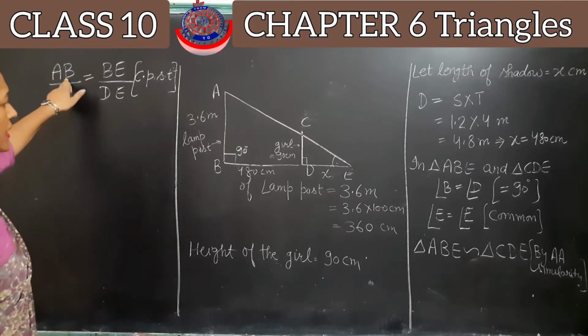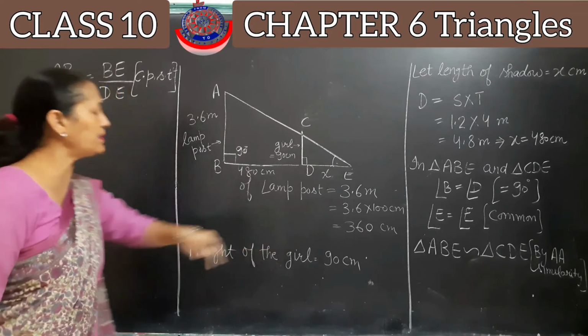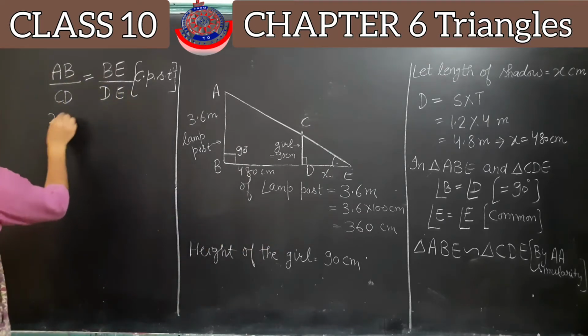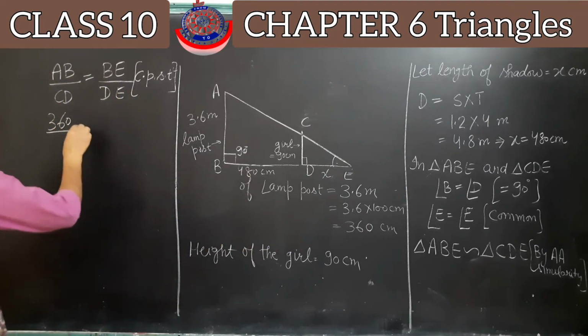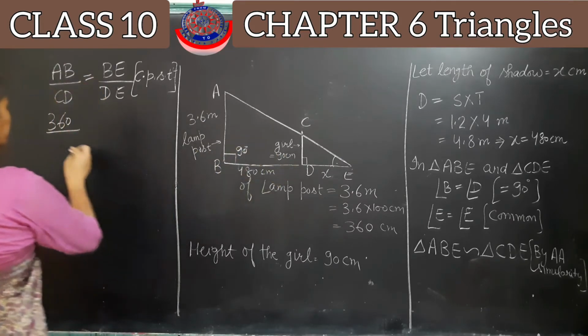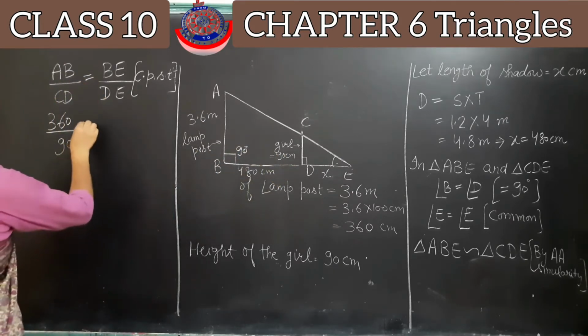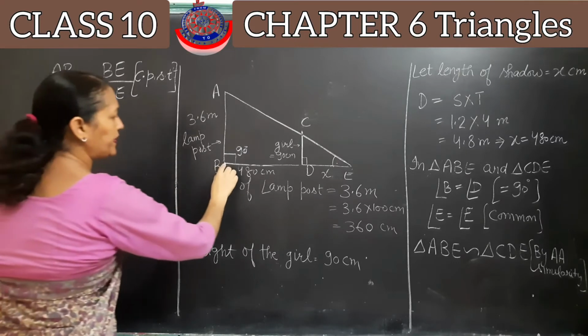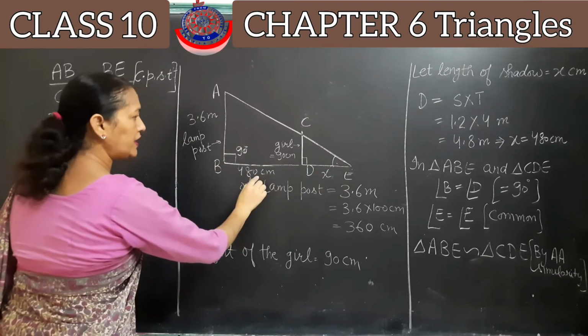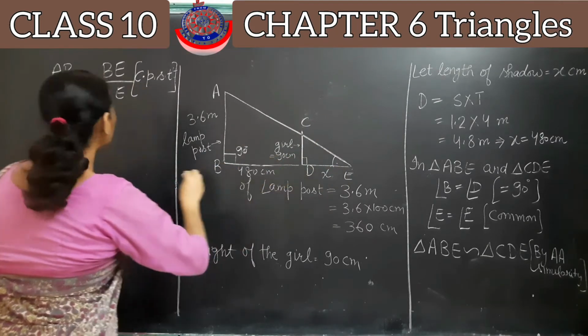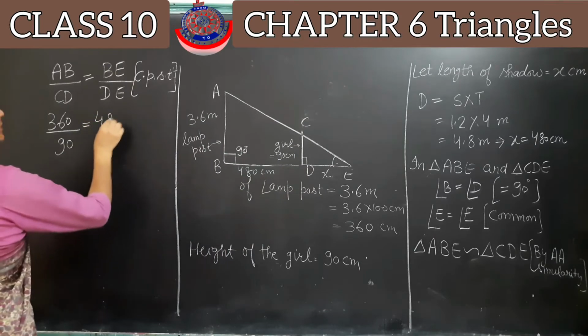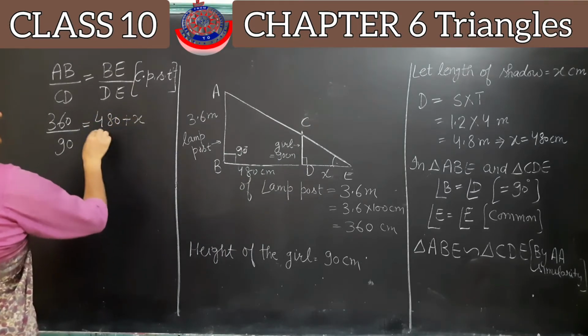Now AB is 360 centimeter. CD means height of the girl, 90 centimeter. BE, this is 480 that we have calculated, plus x. And DE is x.